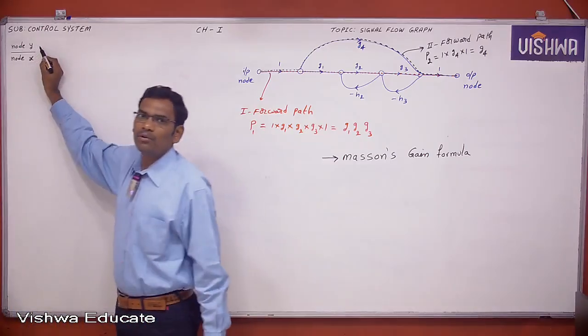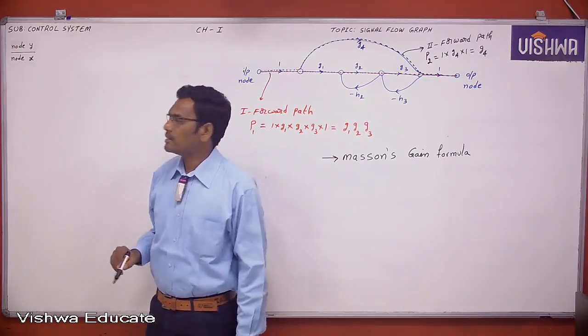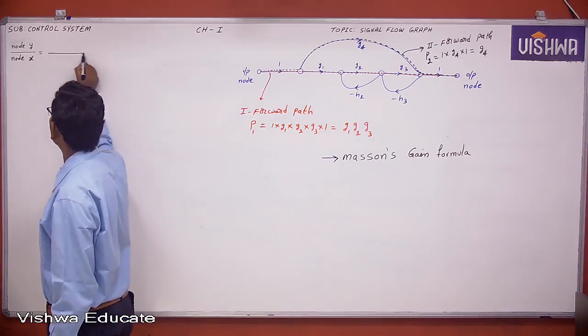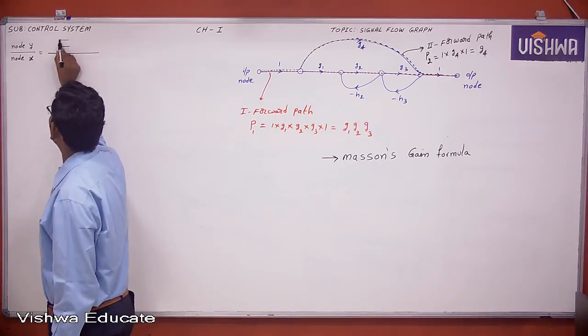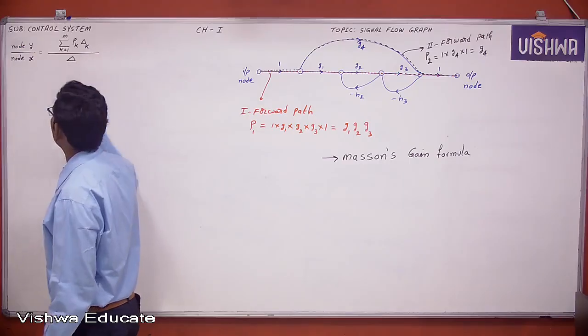It may be an output node, it may be an input node. If it is output node to input node, then that is called a transfer function. So Y by X, the formula given by Mason, is summation k equal to 1 to m, P suffix k delta suffix k.